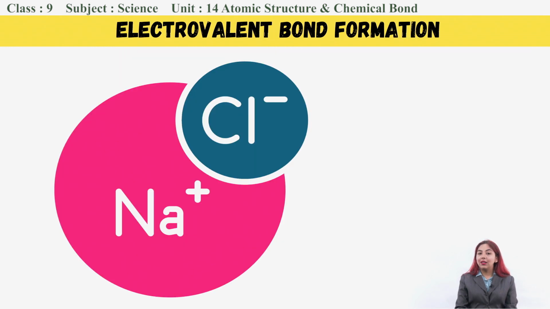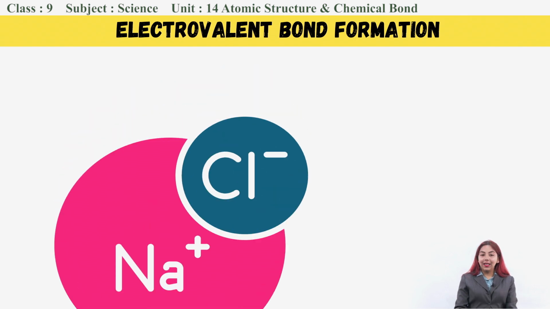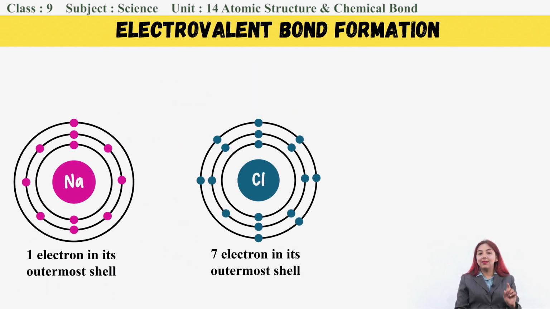We also studied an example of electrovalent bond, that was sodium chloride, the salt we use in our daily life. Sodium chloride has sodium and chlorine elements. Sodium has 1 electron in its outermost shell and chlorine has 7 electrons in its outermost shell. So for sodium to reach octet, it should donate 1 electron, and for chlorine to reach the octet, it should receive 1 electron.